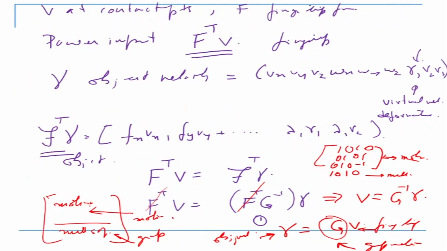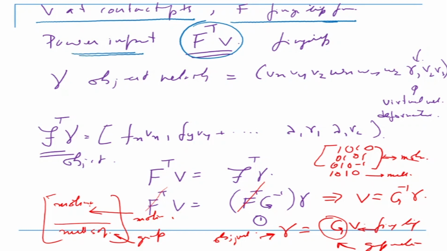So the power input, where v is the velocity at the contact point and F is the fingertip force, is v transpose into F. This is the power input to the system, at the fingertip.